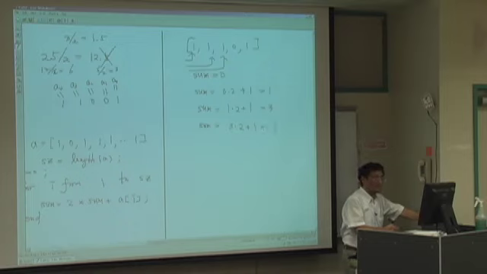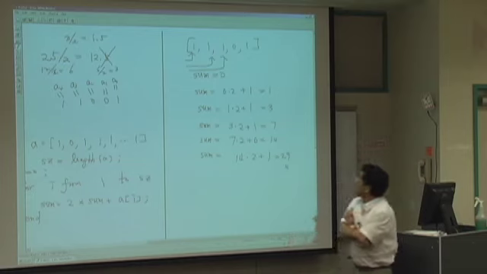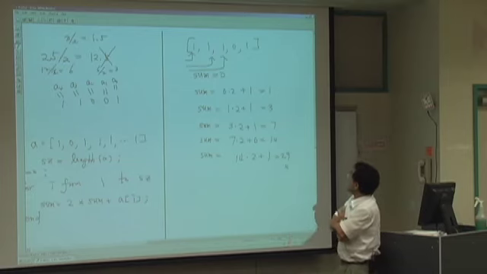And then sum is equal to 7 times 2 plus this number, 14. Sum is equal to this 14 times 2 plus this number, then it's 29. So it's done. So please browse these things and ask questions.